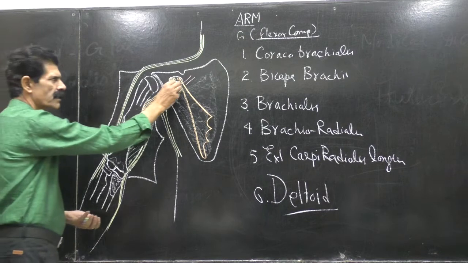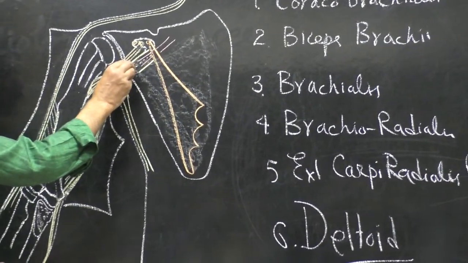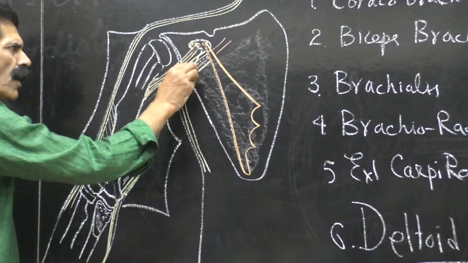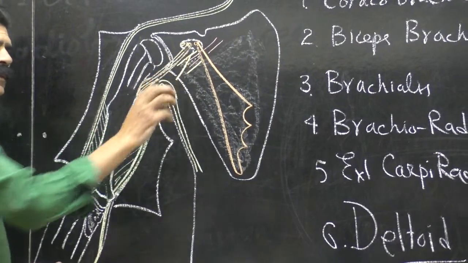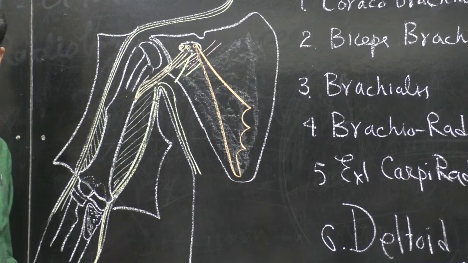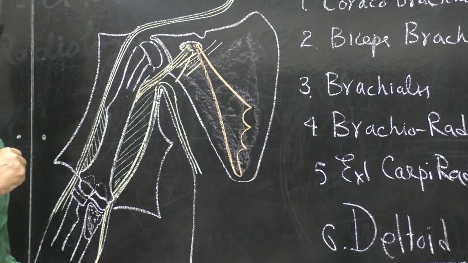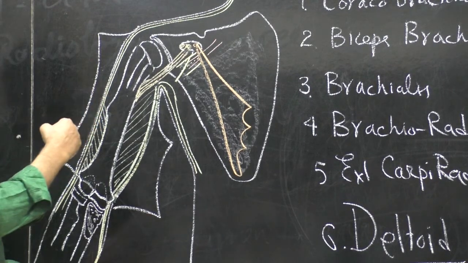So this lateral cord is continued as musculocutaneous, arising after giving the lateral root of median nerve. Now she is free. Now she will say that I am not lateral cord, call me musculocutaneous, because coracobrachialis is waiting for me.